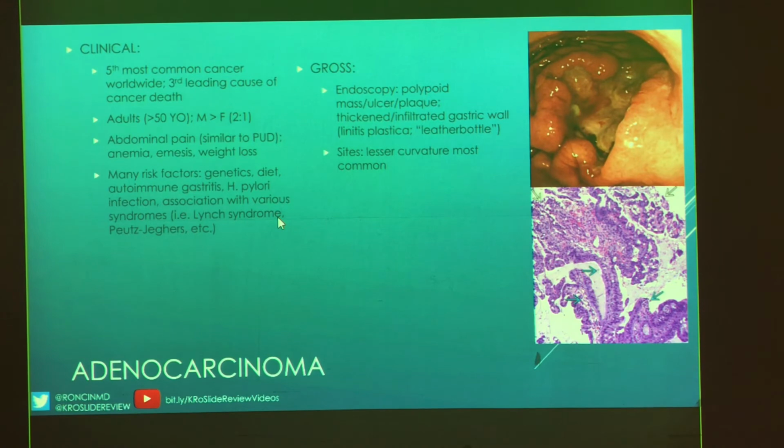You also want to think about genetic syndromes like Lynch syndrome, Peutz-Jeghers, those kinds of things. On endoscopy, this is going to look like carcinoma from pretty much any other site. So it could be polypoid, ulcerated, or a plaque. The stomach could just be thickened or infiltrated, and that's your linitis plastica or leather bottle stomach.